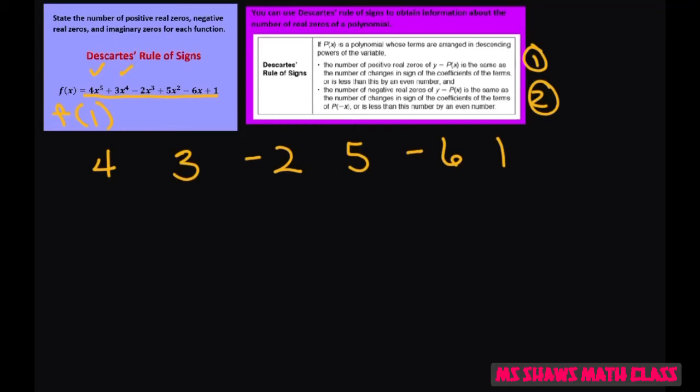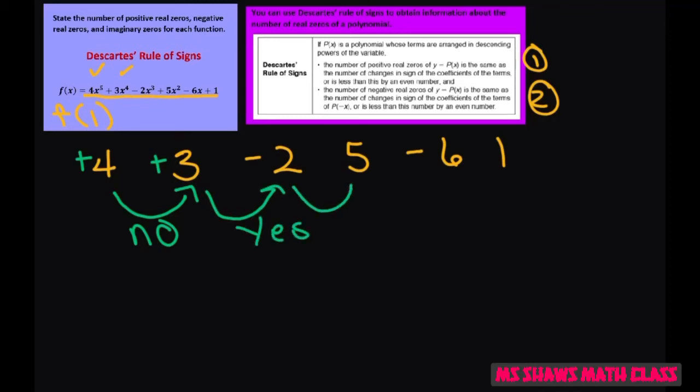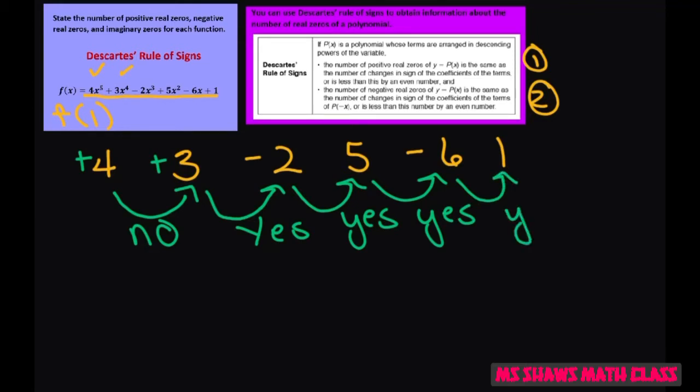Now, according to Descartes' rule of signs, when the sign changes, that's how many sign changes you have. So for example, from 4 to 3, the sign does not change. We're going from positive to positive. When we go from 3 to negative 2, the sign changes. Here the sign changes. It keeps changing. It changes 4 times.